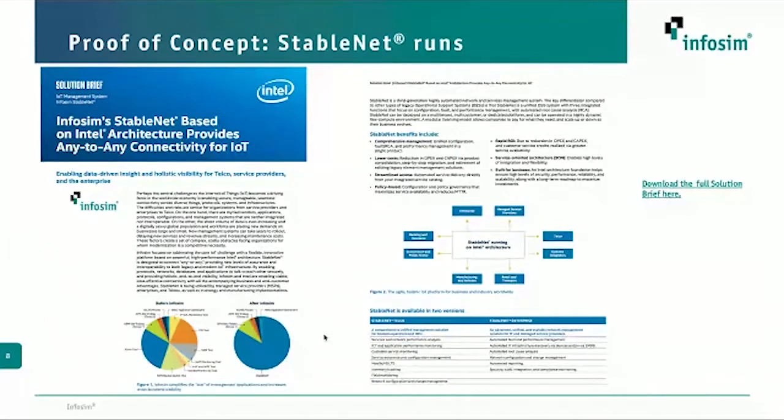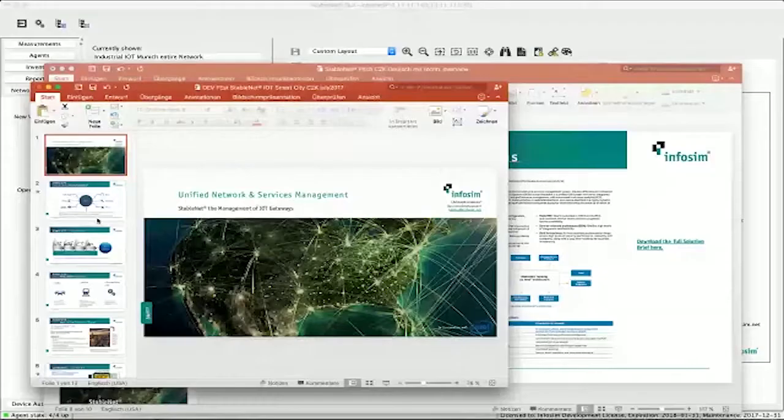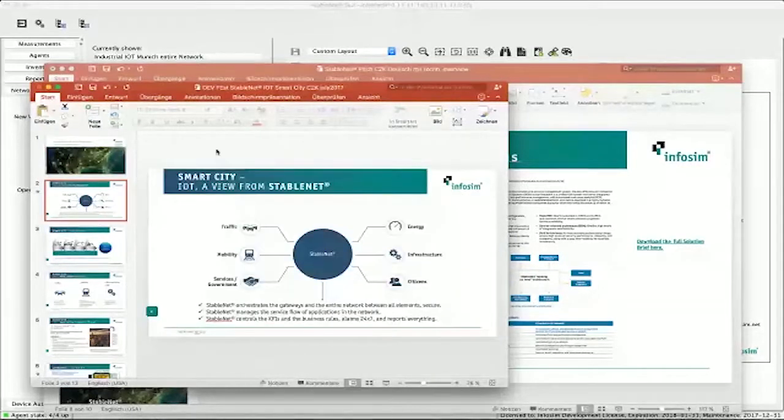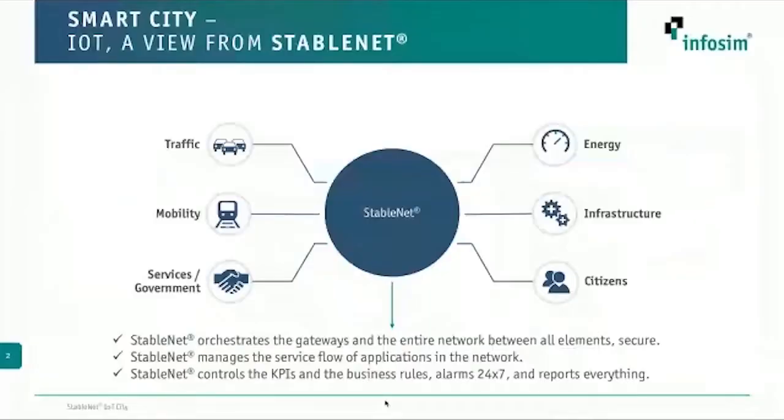So back to the topic. Now you know what StableNet is. And I think the best example to show how we are able to control gateways is the example of smart city. We have several customers, cities, maybe the city of Los Angeles, and city carriers. They have sensors and gateways everywhere.